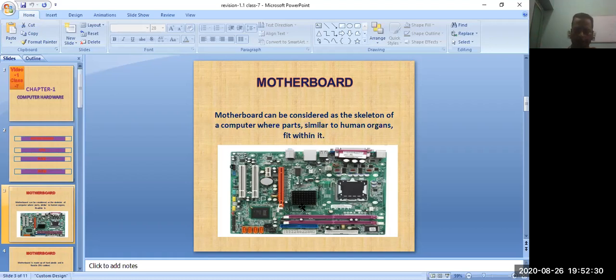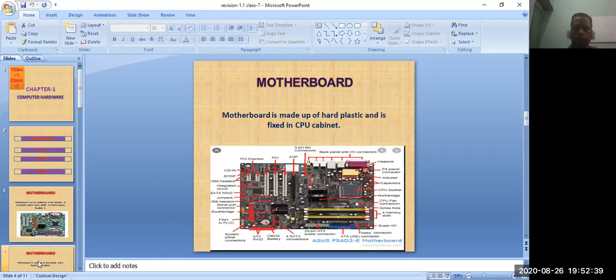You can see the different slots for the RAM, ROM, and processor.